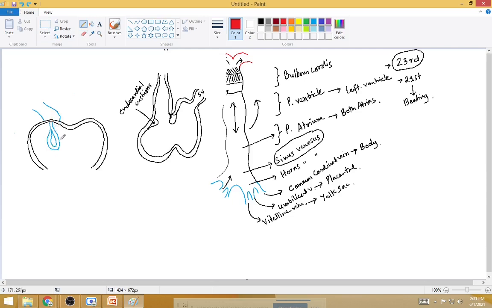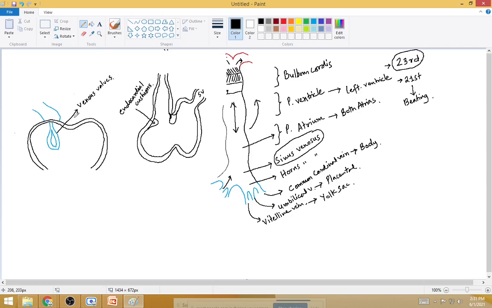Now, the sinus venosus is a separate chamber opening into the atria. Whenever there is a junction of two chambers, there should be a fold, isn't it? So when the right horn of the sinus venosus is forcing itself to open in the posterior part of the future right atrium, folds are developed, and these folds are known as the venous valves.